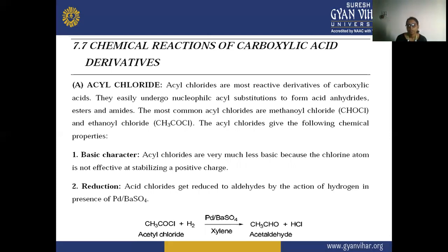In the acyl chloride, the formula is HCOCl. In the C=O, O has the partial negative charge and C has the partial positive charge, and chlorine itself is electronegative. So the acyl chlorides are much less basic, because the chlorine atom attached to the carbon is not stabilizing the positive charge present on the carbon atom.